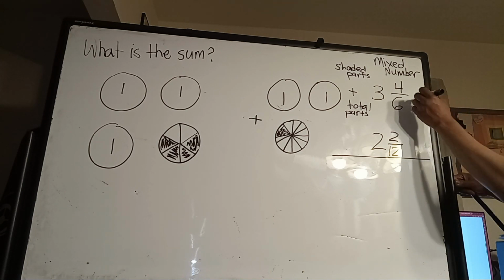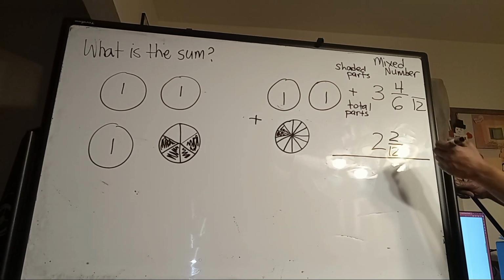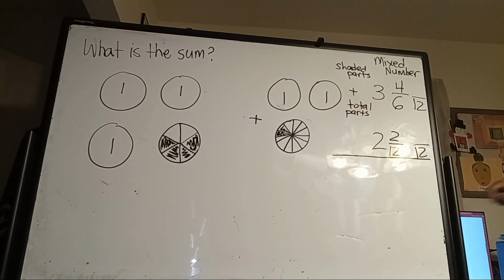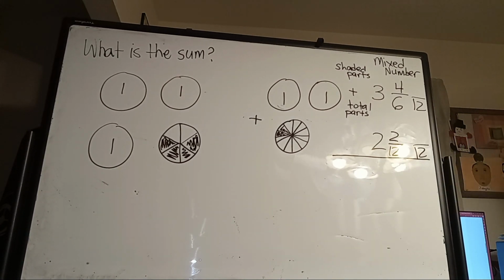So we're going to change our denominator to 12. Because we have to get the same denominator or we cannot move forward with the problem. And if you try to move forward, it's just wrong. So if you want to get it right, you must understand that they have to have the same denominator.